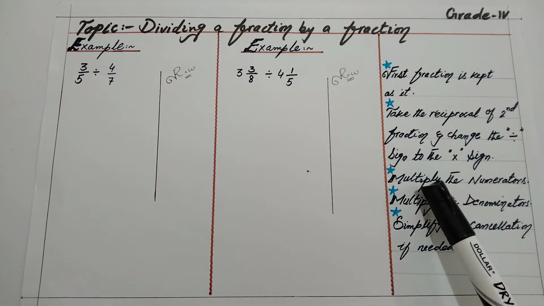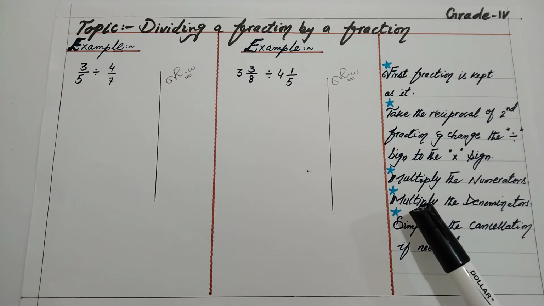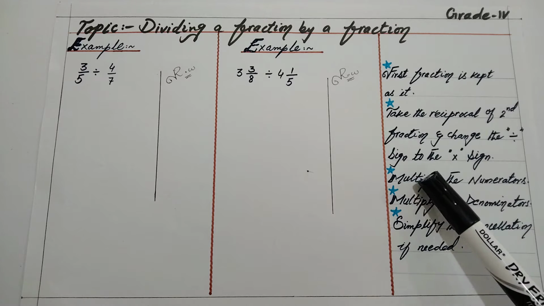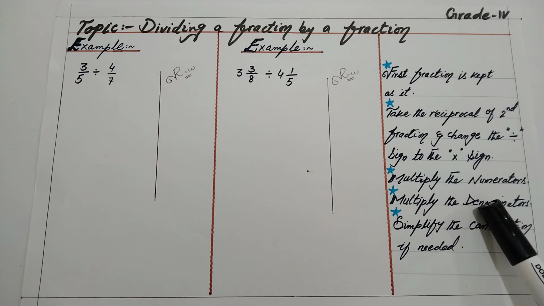After that, multiply the numerators, then multiply the denominators. But here you can also simplify the fractions before multiplying the numerators and denominators.